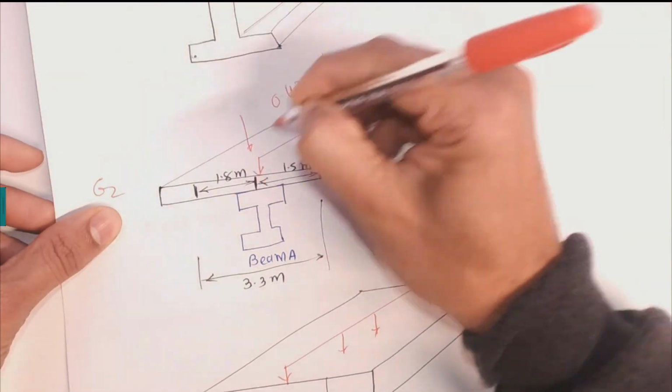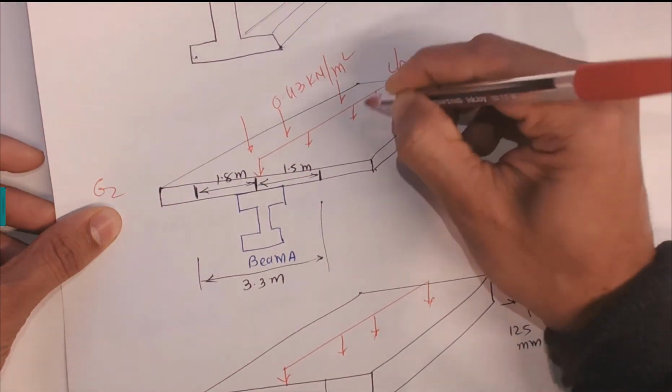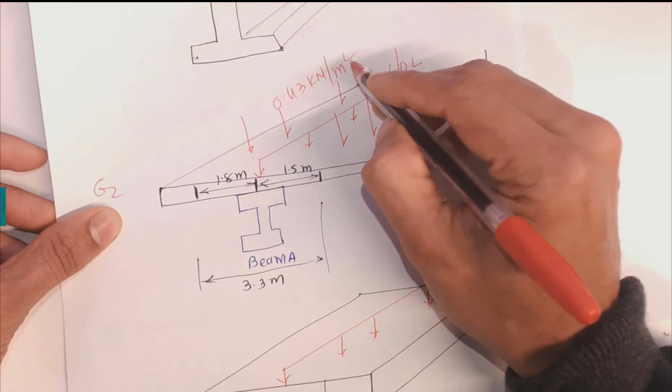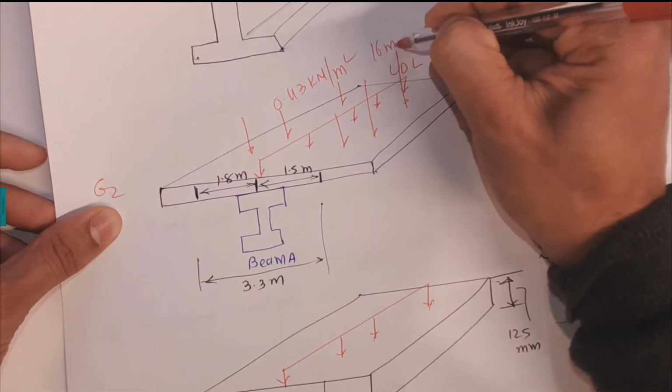That is the pressure, from the Australian standard for 16 millimeter thick paving.